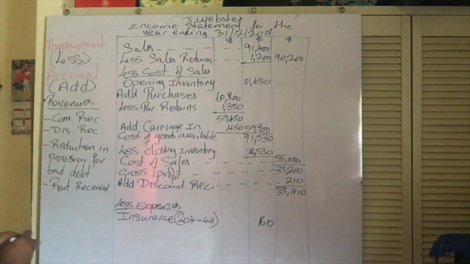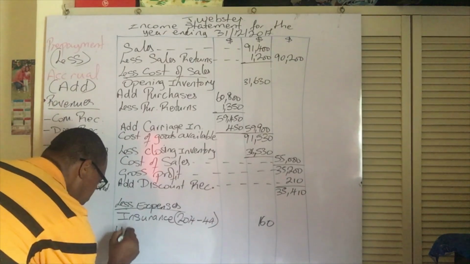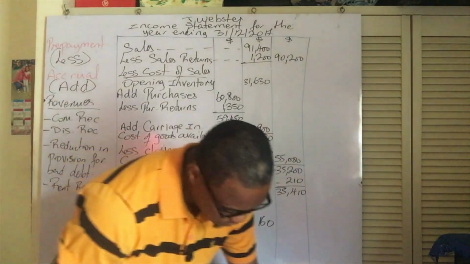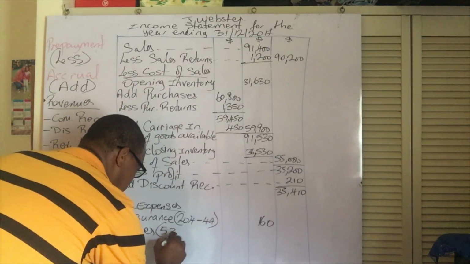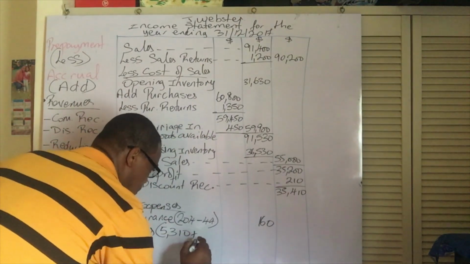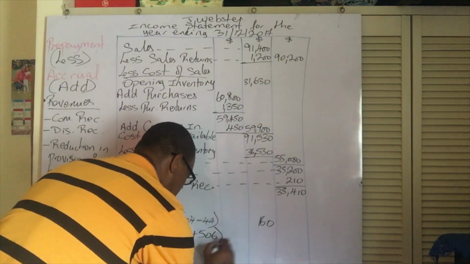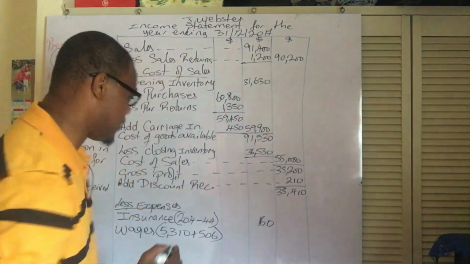Remember the rule as it relates to accrual, we add. So the wages is 5,310, which you can find in the trial balance, plus the accrual, which is 506. So your final figure is 5,816.